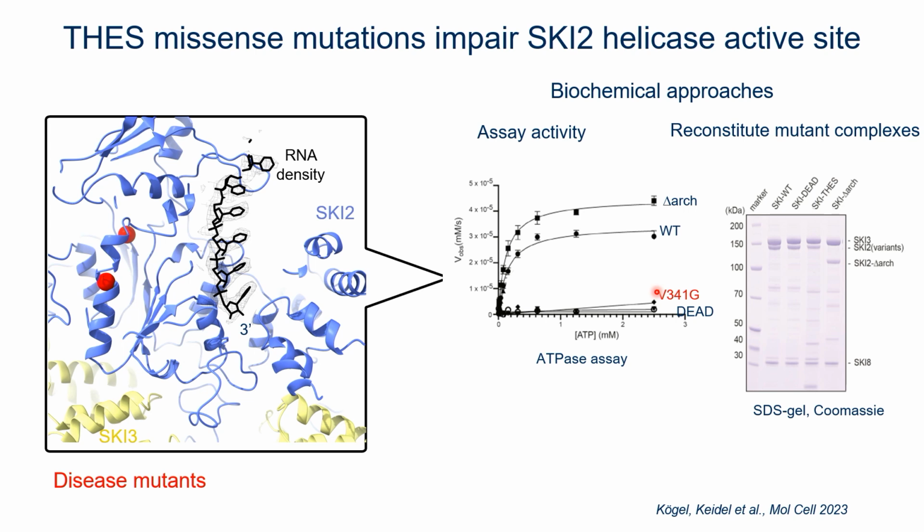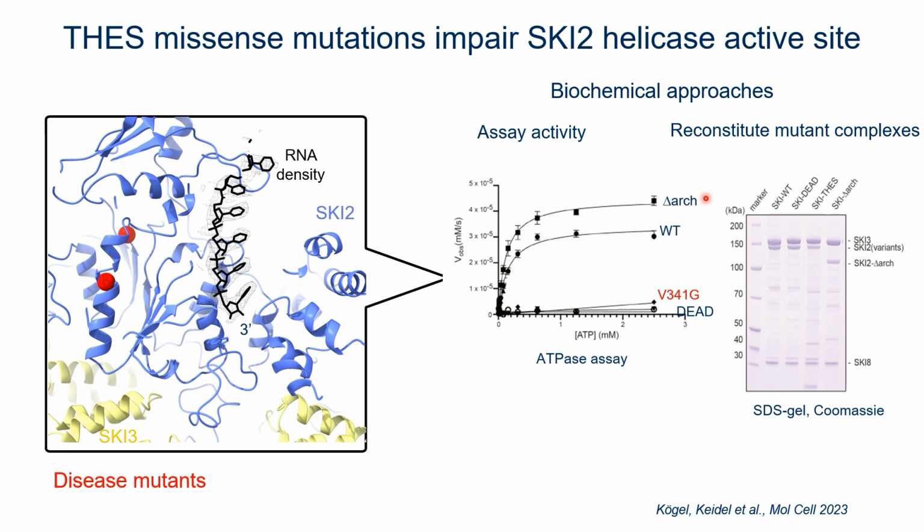This is an RNA-dependent ATPase, and essentially the activity is almost the same as killing the active site residues, the actual catalytic residues. There is another point in this curve, which I will come back to: if you remove this arch, which I showed you, actually you increase the activity. So this is a point of regulation.